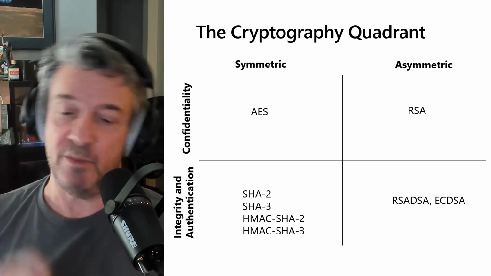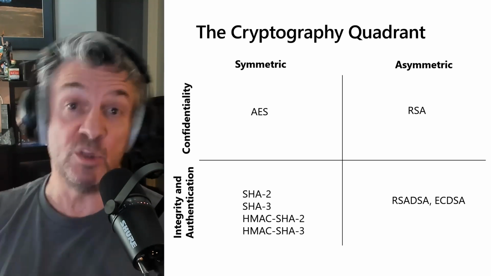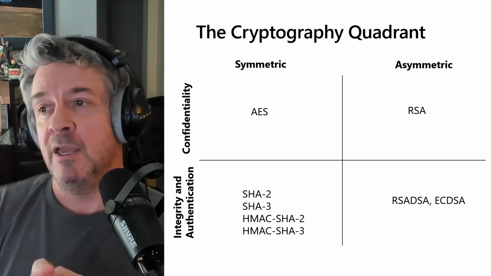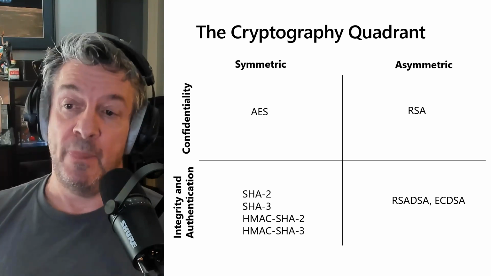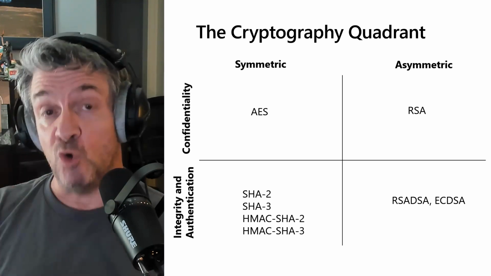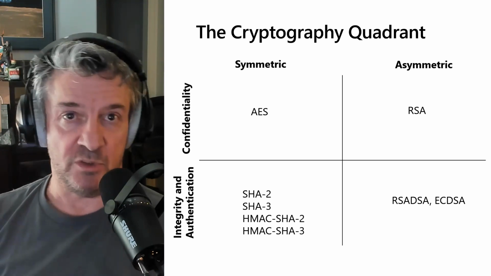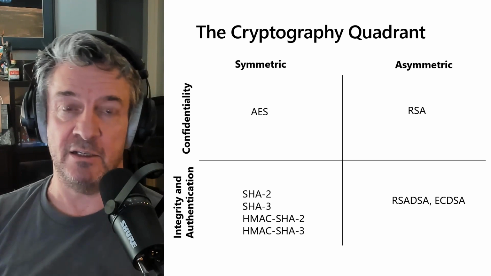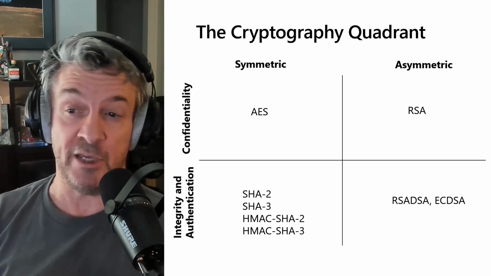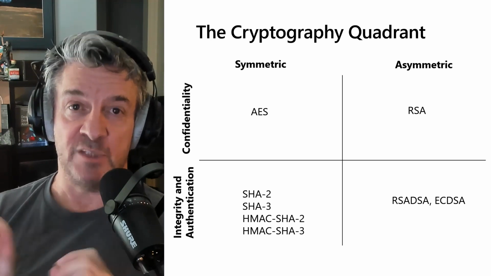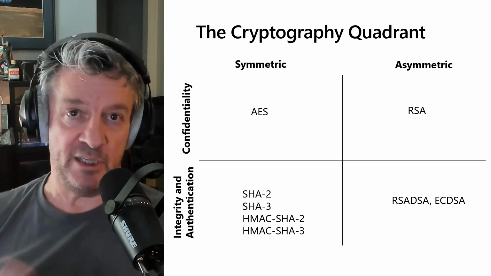So symmetric is where all communicating parties share the same key. And then there's asymmetric ways of doing it where there's a public key and a private key. Then there's two different broad mitigations you want to achieve: confidentiality, and the second one is integrity and authenticity, or authentication. And from a symmetric perspective, the most common algorithm here today is AES.